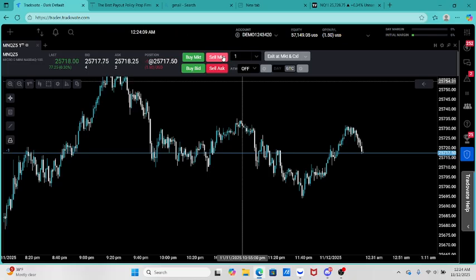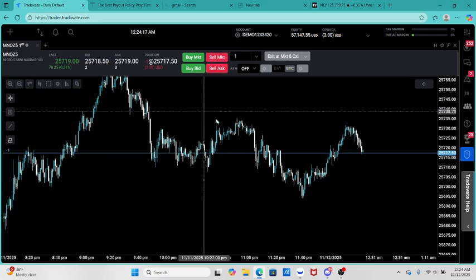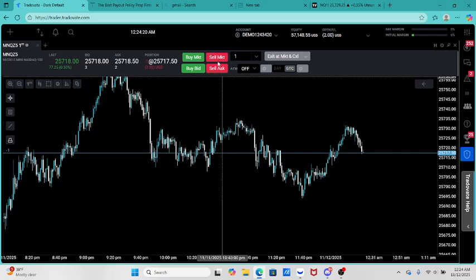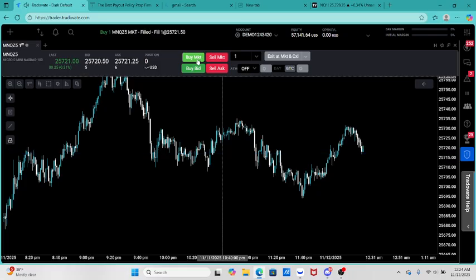Now, of course, you're going to want to look at the chart, analyze, form a strategy. You would never just open the chart and just say, okay, I think it's going to go down. I just did that just for teaching's sake. And then to get out of that, you would basically buy it back. Order filled. And this is why I'm also teaching from a demo account, so I can lose money without actually losing my own money, because it's just a simulated account.